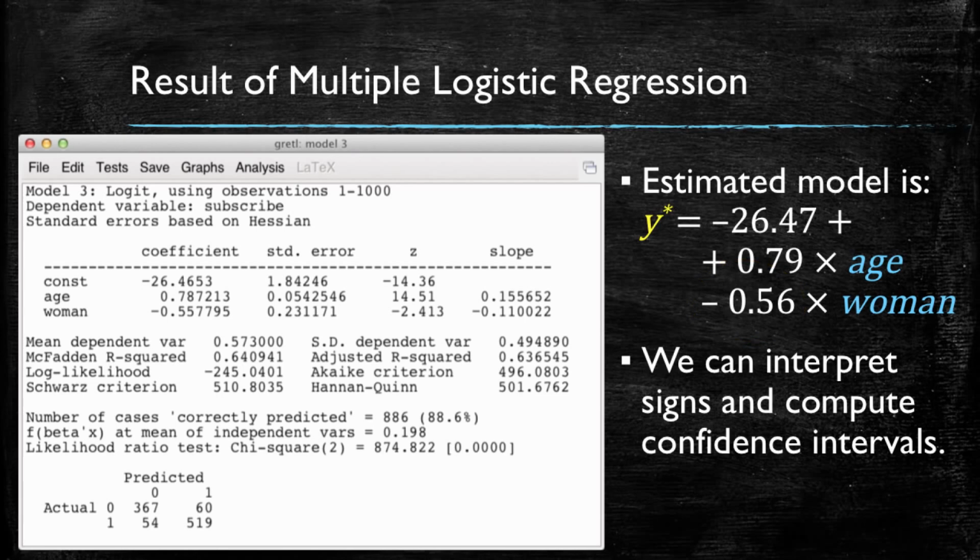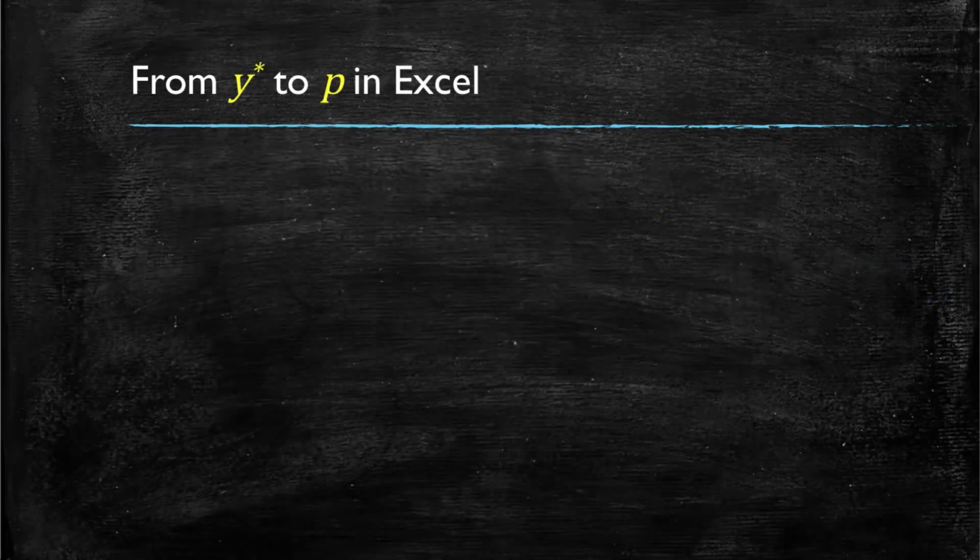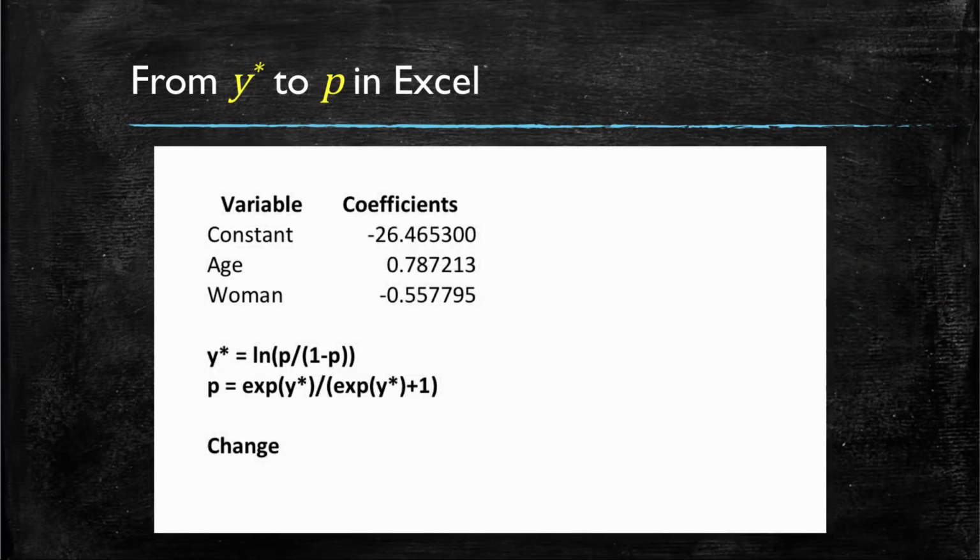However, we want to convert this into probabilities. We want p's. So now we're going to do the same process we did before of estimating p's, or converting y stars to p's, in Excel, but for a multiple regression model. We are now going to follow a similar process as the one we did before, where we first transcribe the estimates for the coefficients and then plug in independent variable values to predict probabilities of subscription.